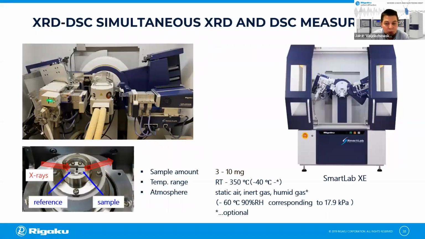So he very often says that the best instrument to do powders for weak MOFs is our SmartLab XE with rotating anode, also 9 kilowatts power. You can use very small amounts of sample.